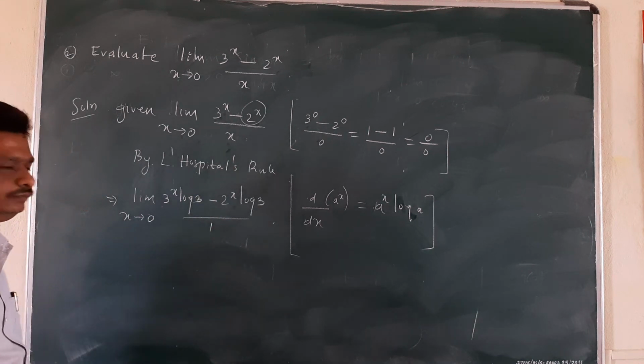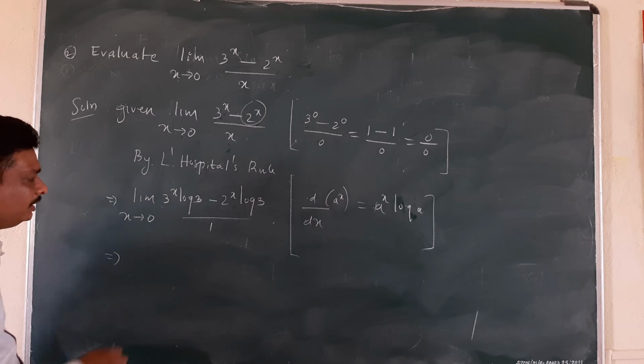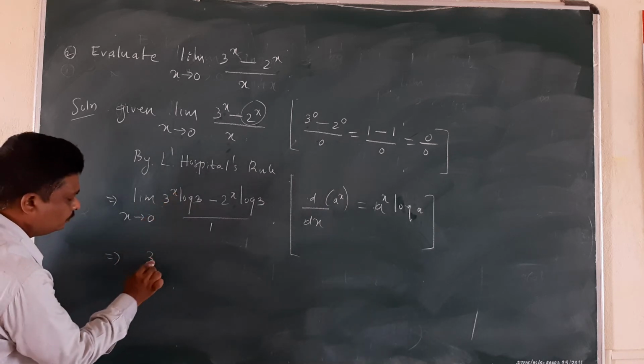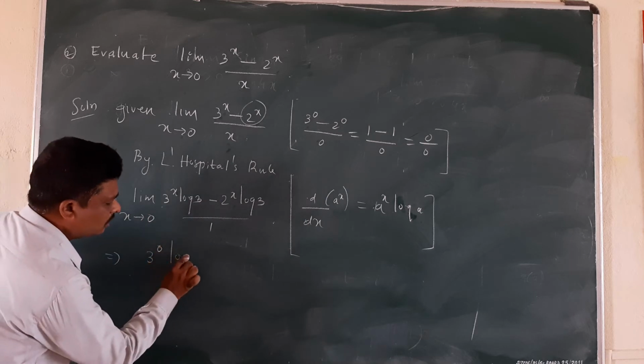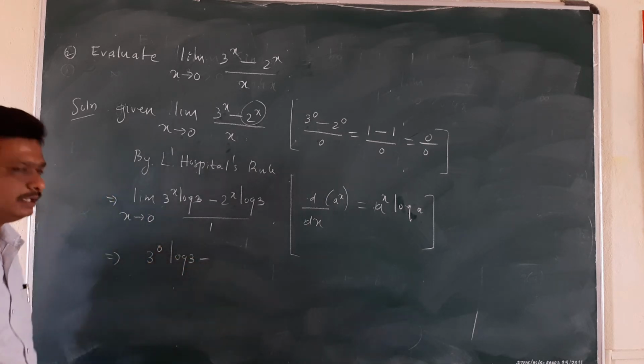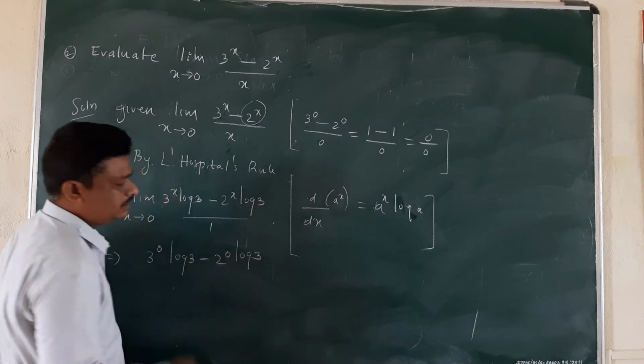which is 1. So this implies, now I will apply the limit: 3 raised to 0, I will put x equal to 0, log 3 minus 2 to the power of 0 log 2.